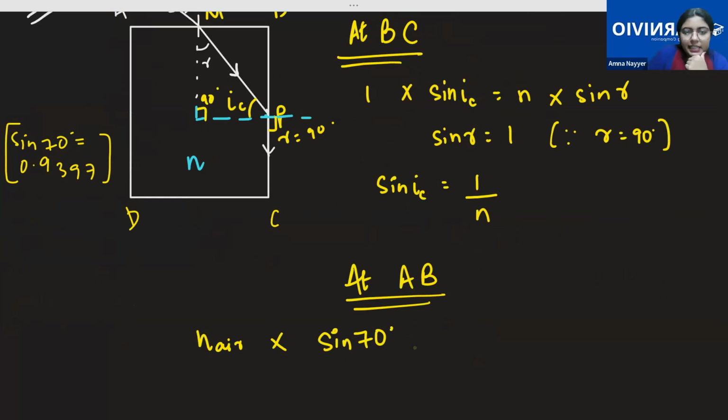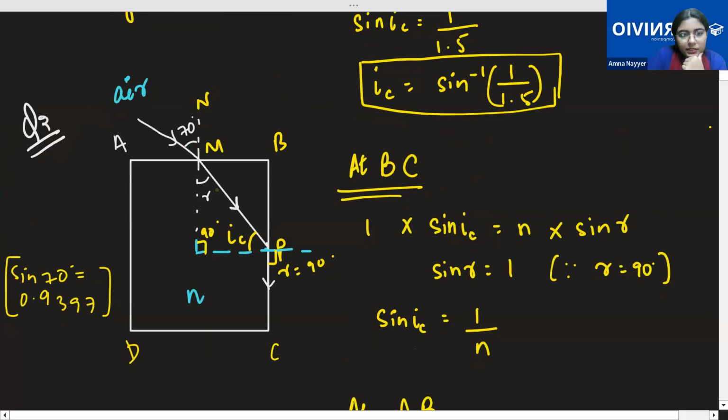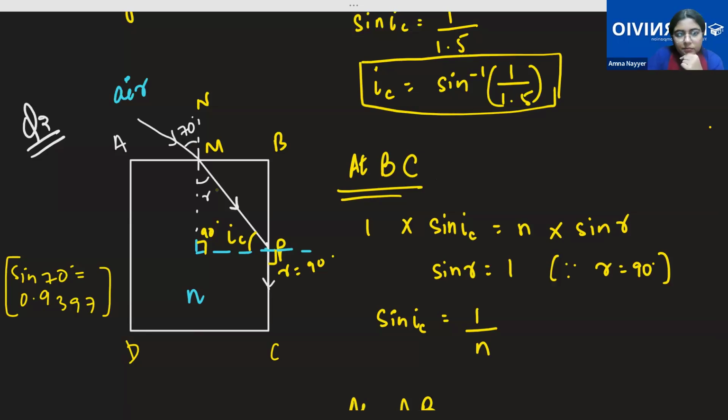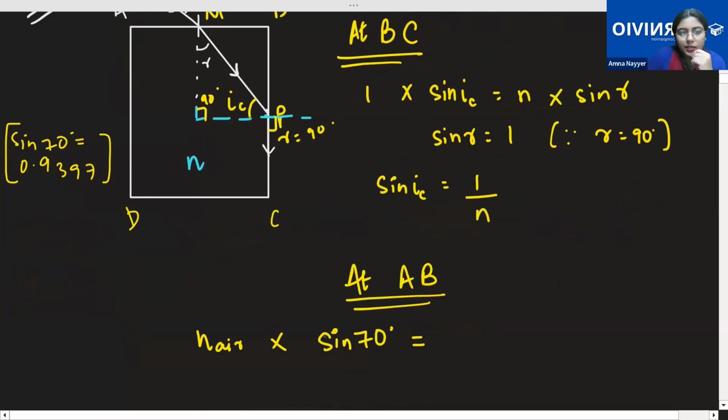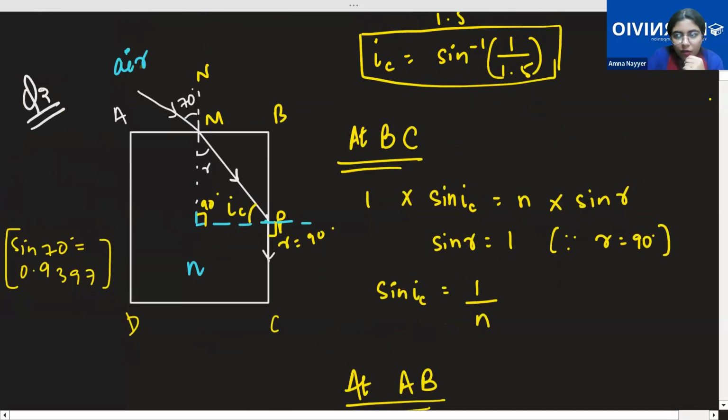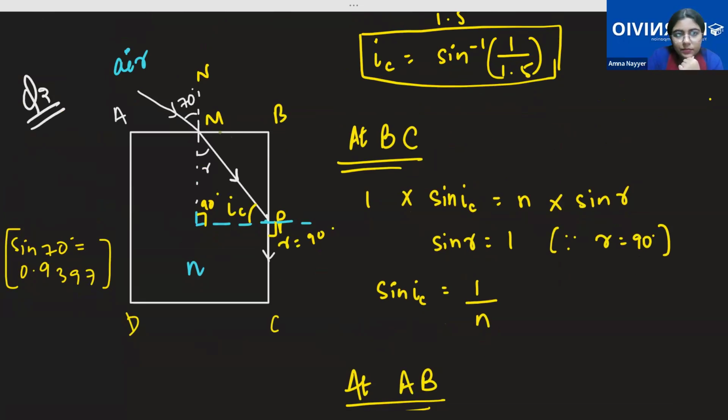Correct. Jesleen, can you complete further? Apply Snell's law. Refractive index of air into sine 70 degrees is equal to what?